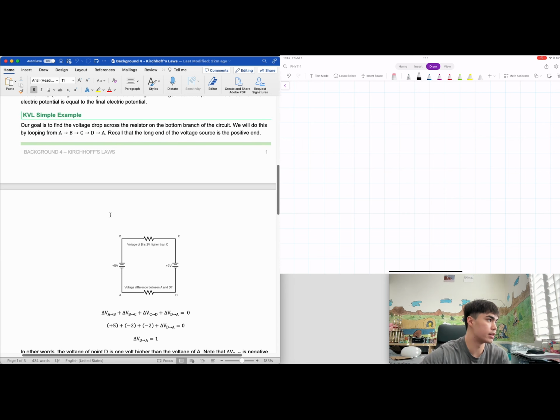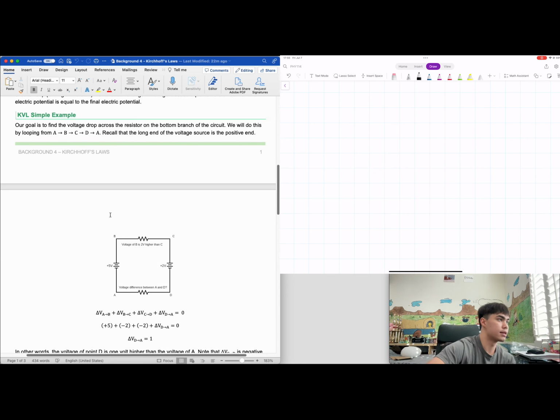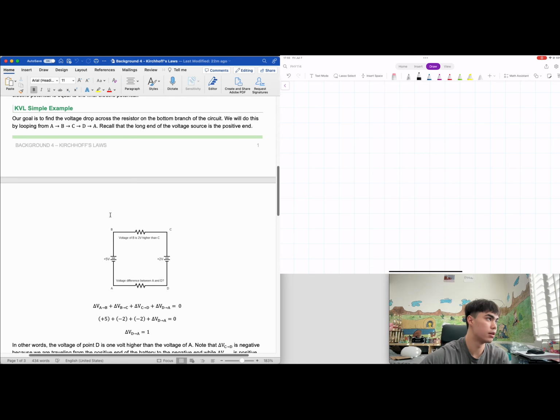So here we have a practice problem. It wants to find the voltage drop along the resistor at the bottom.